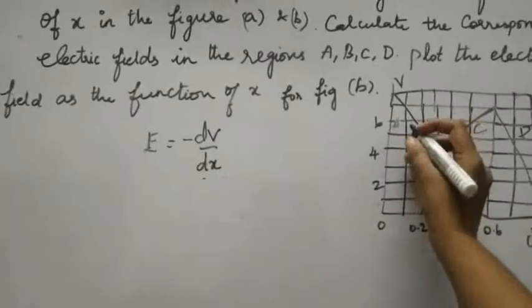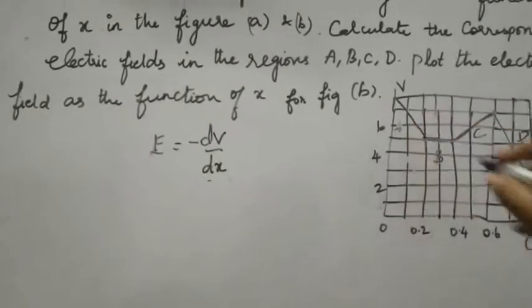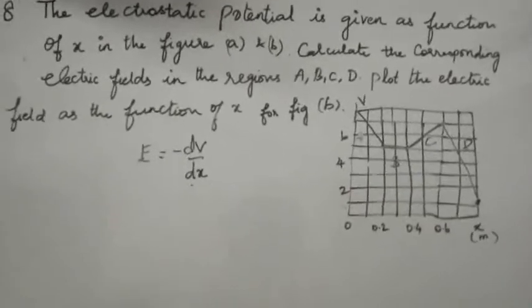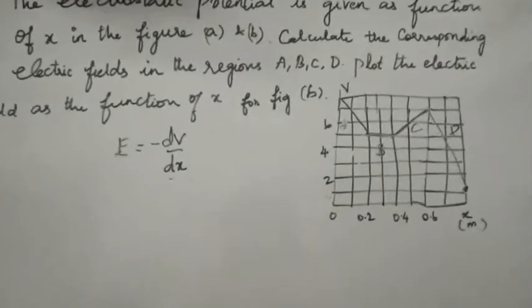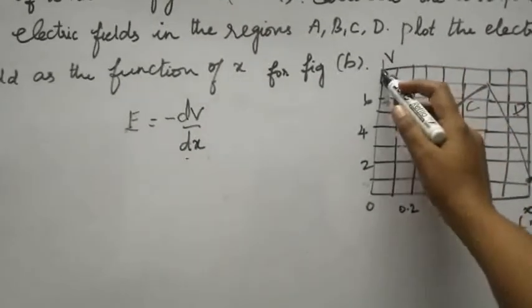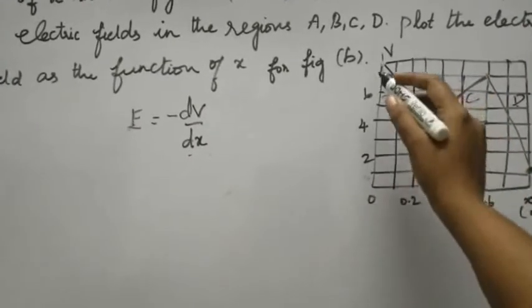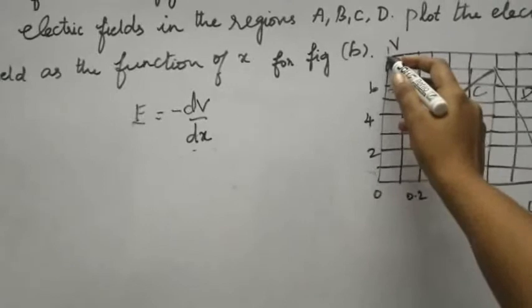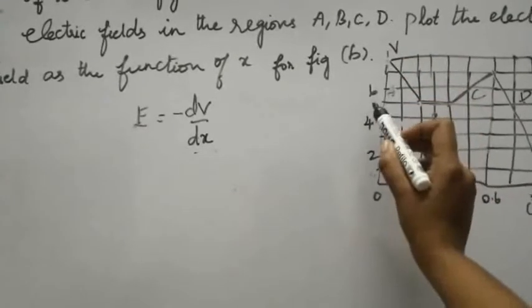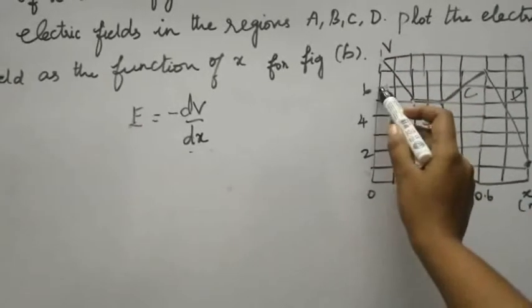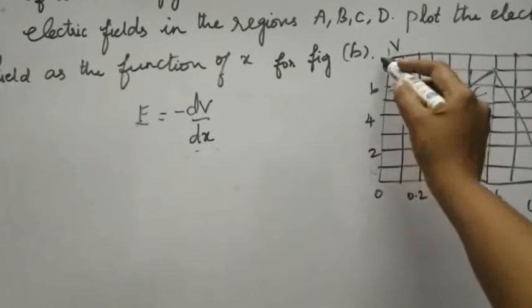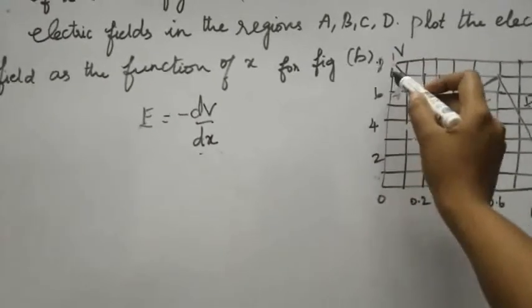So for the first region A, it starts from this point and goes till this point on the y-axis. On the y-axis, the initial point is, this line is 6, so 7, 8. So this point is 8.